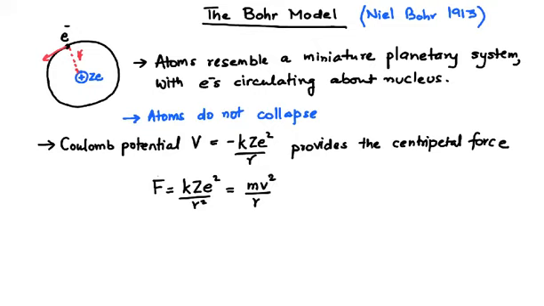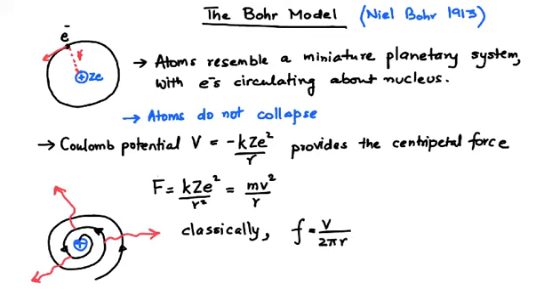And here we have mv squared over r as our centripetal force, which is necessary for the electron to move in a circle of radius r at speed v. But it is electrically unstable because the electron is always accelerating towards the center of the circle.